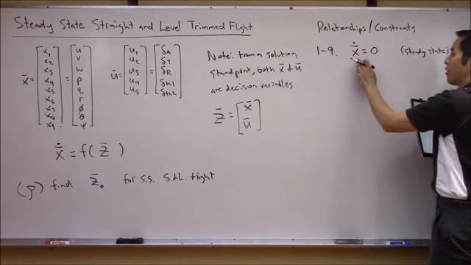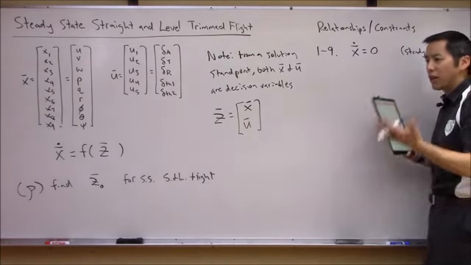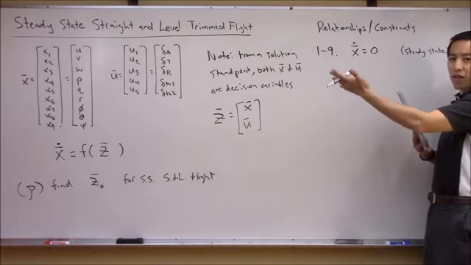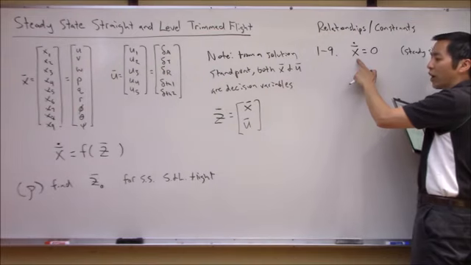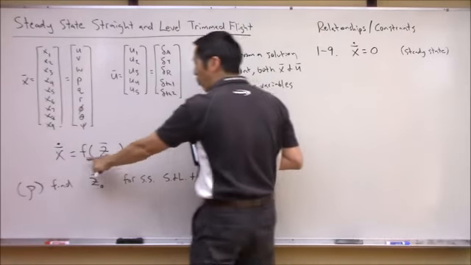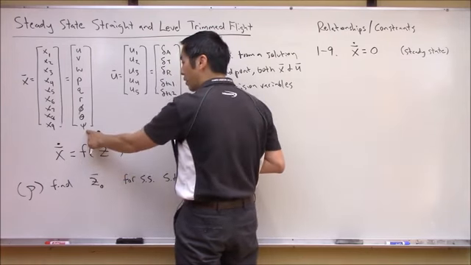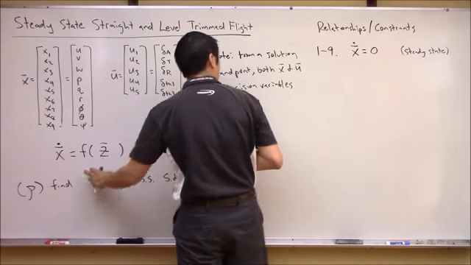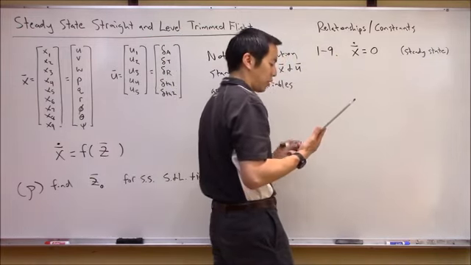If I can get x dot equal to 0, that means you are in an equilibrium point, which is the exact same thing as steady state, right? Remember, this is 9 equations: f1 is equal to 0, f2 is equal to 0, all the way down to f9 is equal to 0. We'll take a look at what this looks like in a second, but just remember this is 9 constraints or 9 relationships all at the same time.